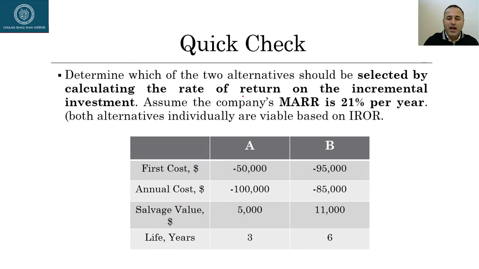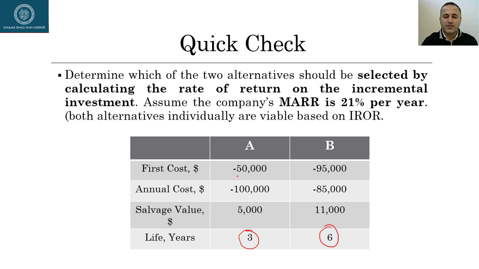Now let's go to a situation where the service lives of both alternatives are different. It's not that straightforward now. It's not complicated, but of course I have to go through the LCM method.